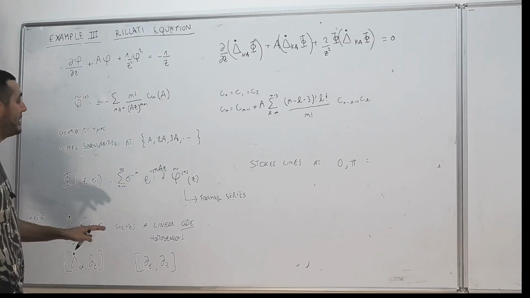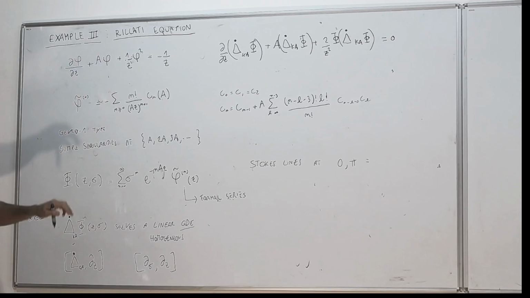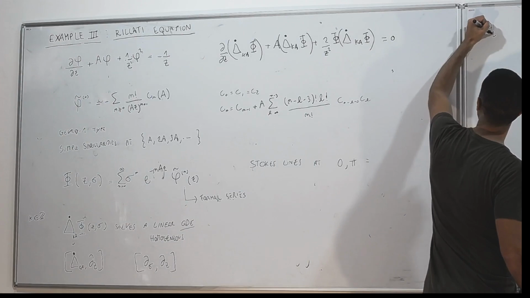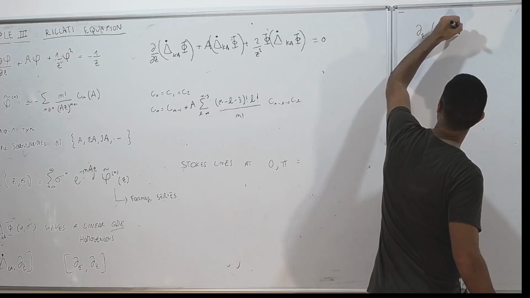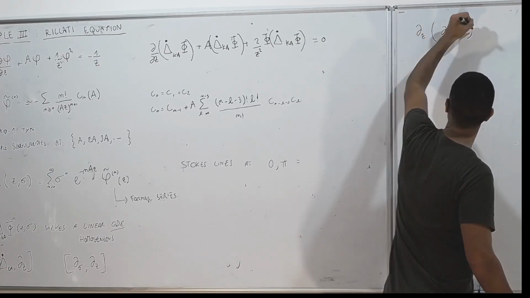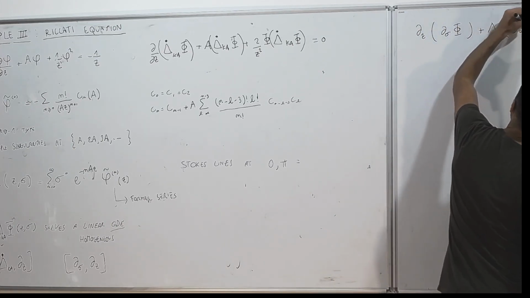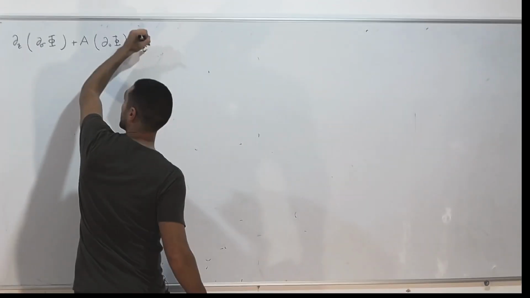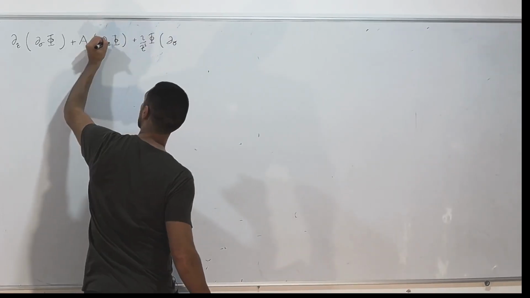And so I can play exactly the same game, and act with the derivative with respect to the transseries parameter on the left and on the right, and obtain exactly the same linear homogeneous equation. Oh, sorry, sigma.